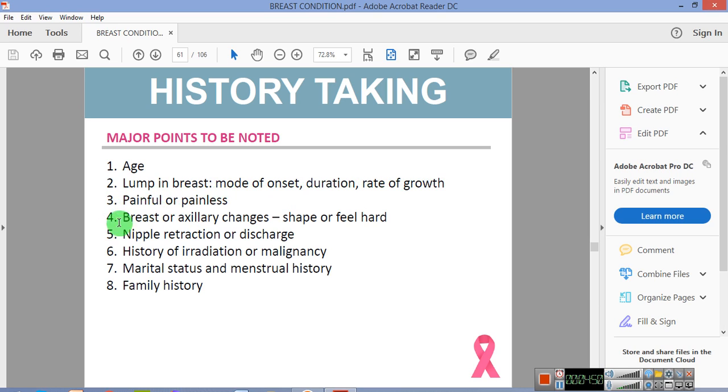Painful or painless, breast or axillary change, shape, or feels hard. Sometimes you may feel hard, orange peel like skin, nipple retraction, discharge. Then history of irradiation, malignancy, marital status, menstrual history, family history.